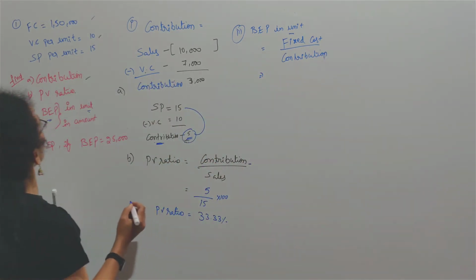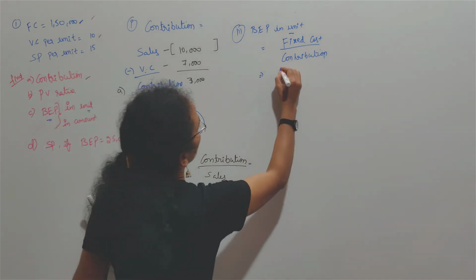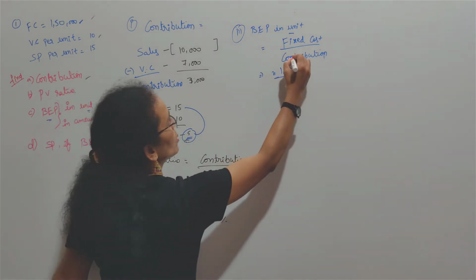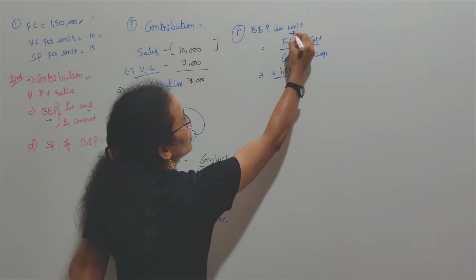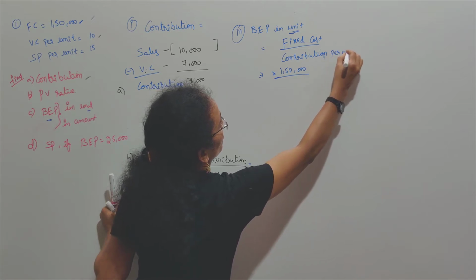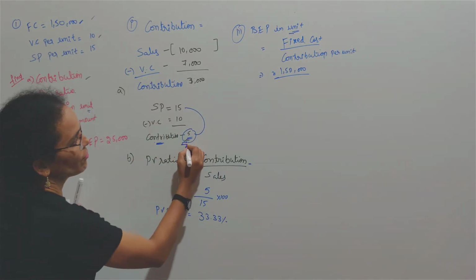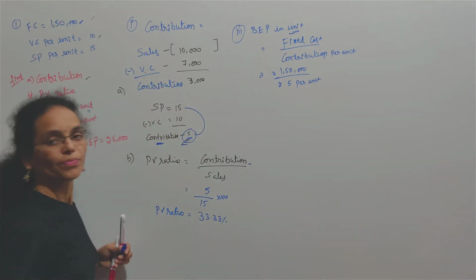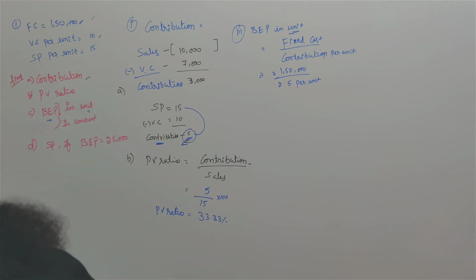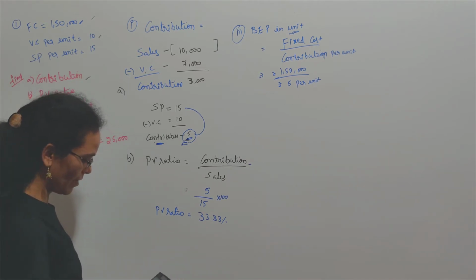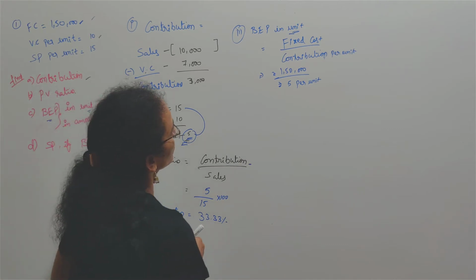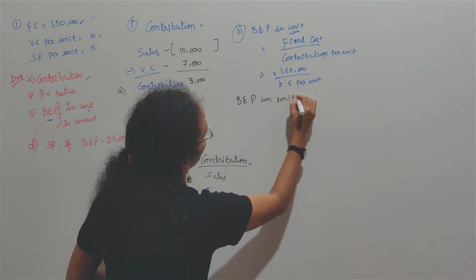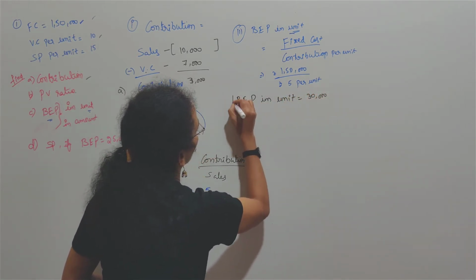Fixed cost is 1,50,000, and contribution per unit is 5 rupees. 1,50,000 divided by 5 is 30,000. Break-even point in units is 30,000.